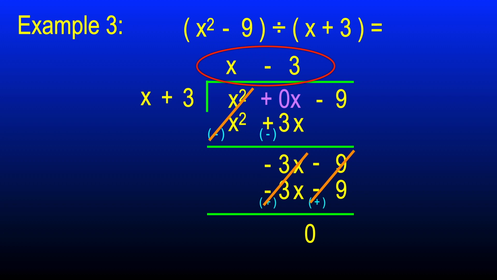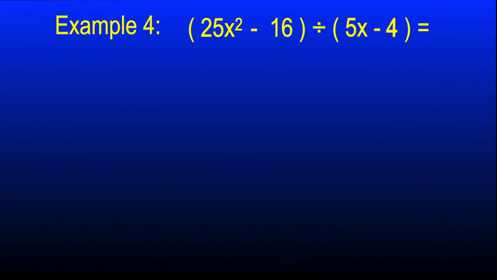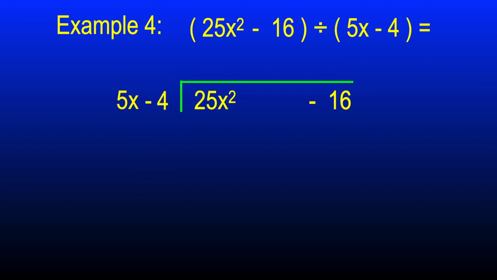Example number 4. Quantity 25x squared minus 16 divided by 5x minus 4. So, meron tayong missing term dito. Mag-leave tayo ng space para sa missing term. So, i-rewrite natin. Ayan.